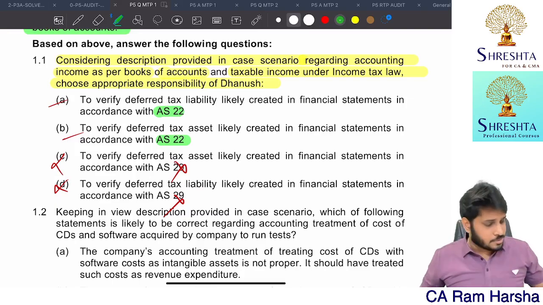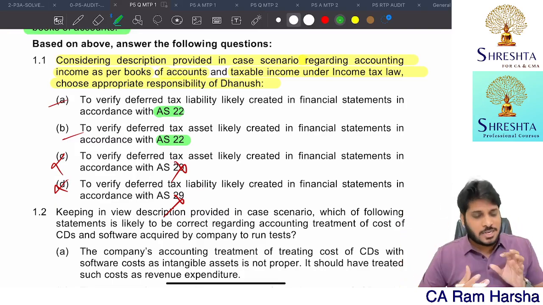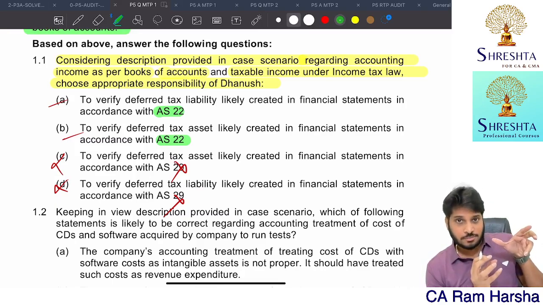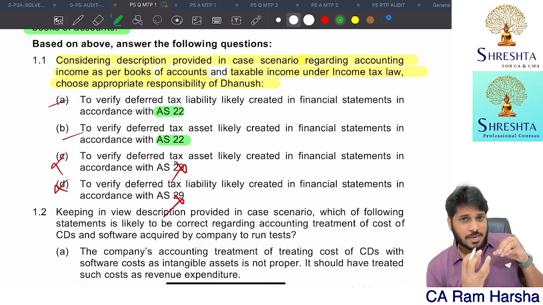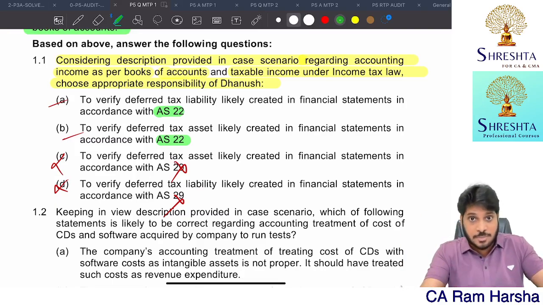Very simple. Under income tax, with lower depreciation or higher income, the company pays tax. Whereas under the Companies Act, we have charged higher depreciation, so the profit is low. Technically speaking, we already paid tax compared to our Companies Act profit. In income tax, we declared higher profit because of depreciation.